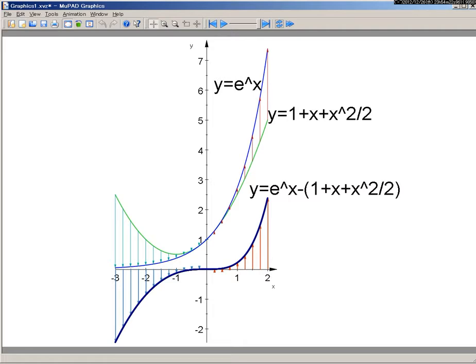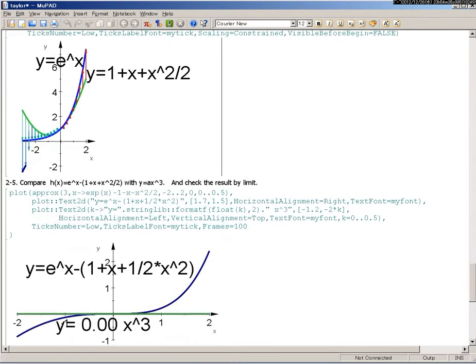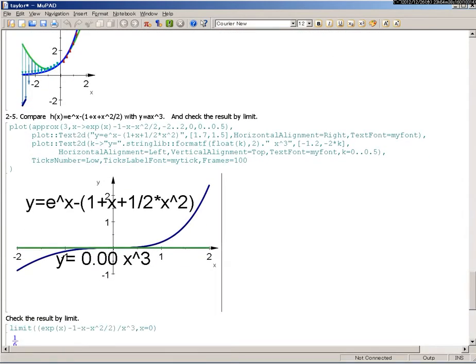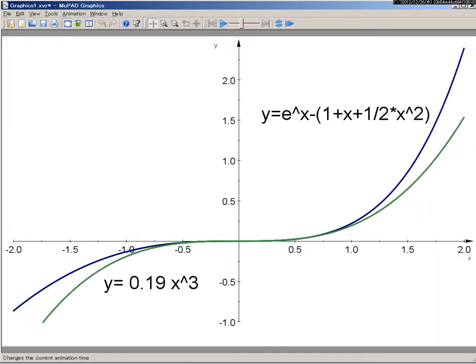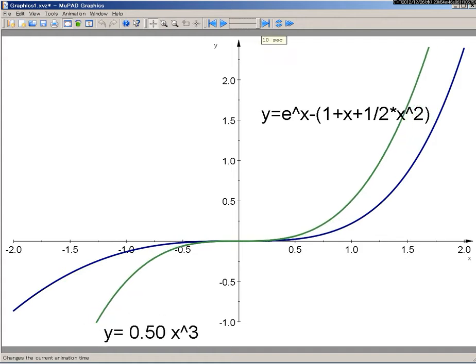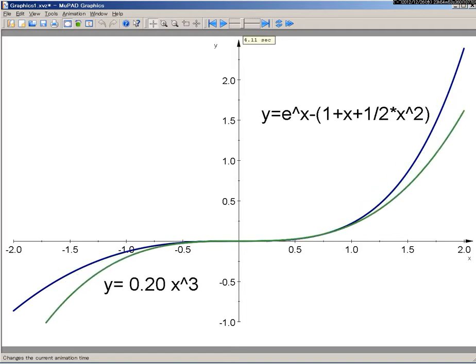We subtract the second approximation from f(x), and we are going to compare this function with ax cubed. It's very difficult this time.